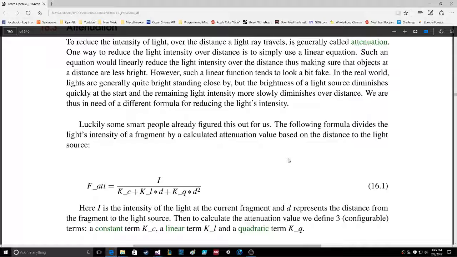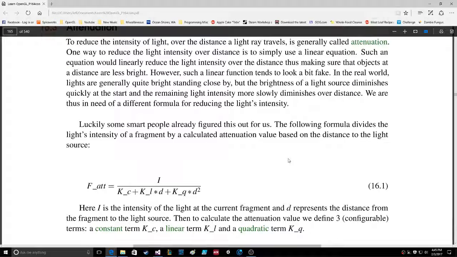The following formula divides the light's intensity of a fragment by a calculated attenuation value based on the distance to the light source. Here, I is the intensity of the light at the current fragment, and D represents the distance from the fragment to the light source.